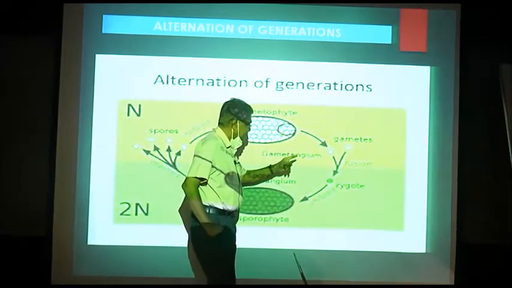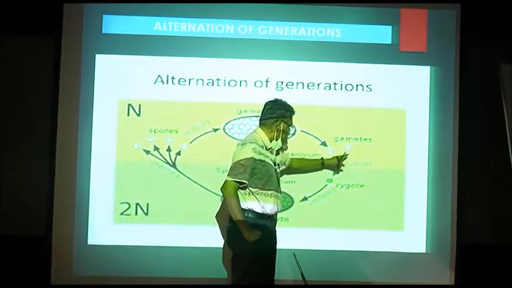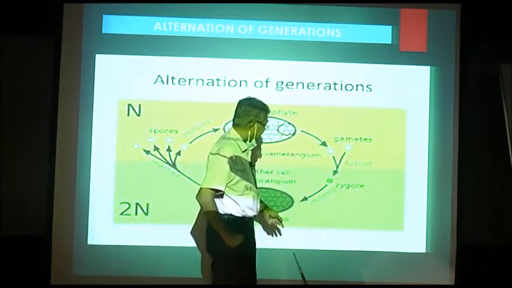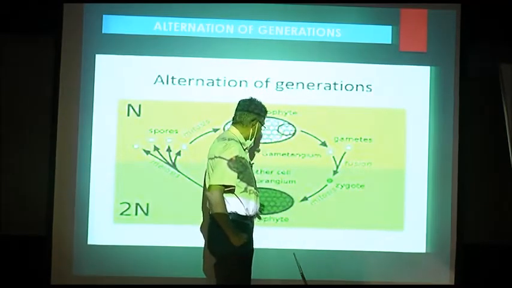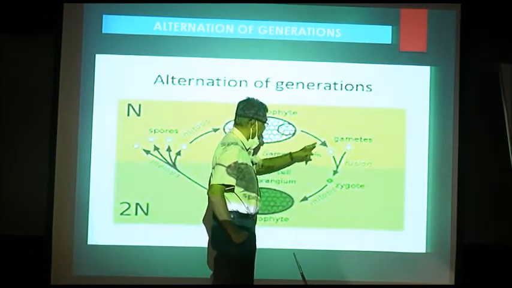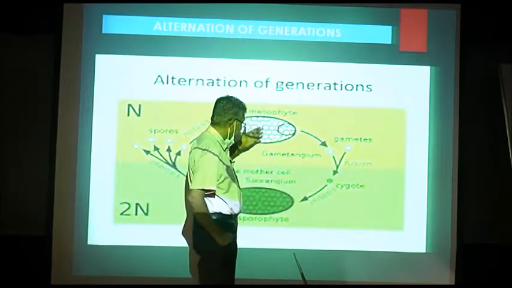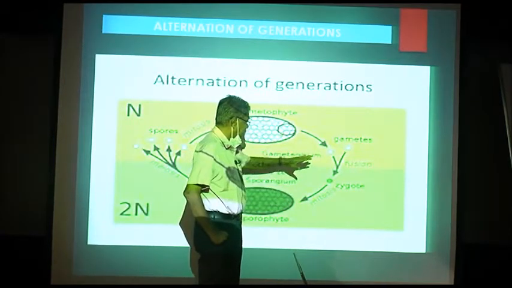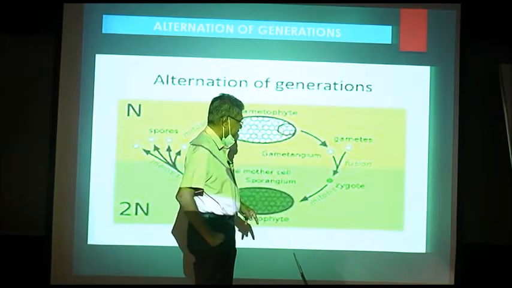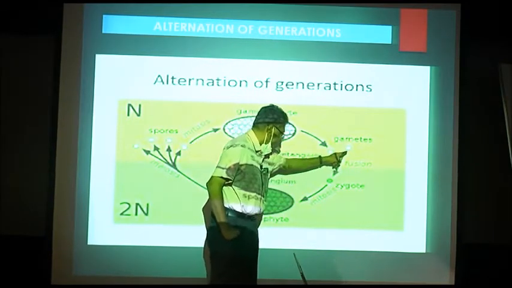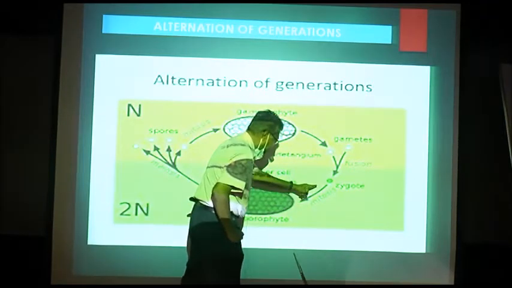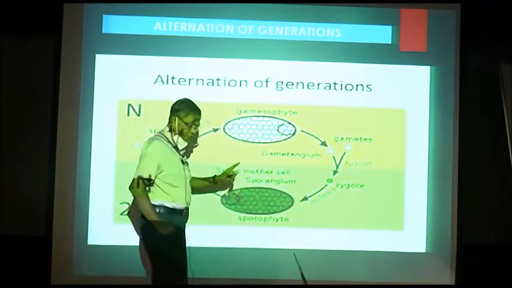The gametophyte has gametangium, and as sporangium gives spores, similarly gametangium gives gametes, but here the division is mitosis, that is equational division, and the male and female gametes fuse to form the zygote, and the zygote develops into the sporophyte.